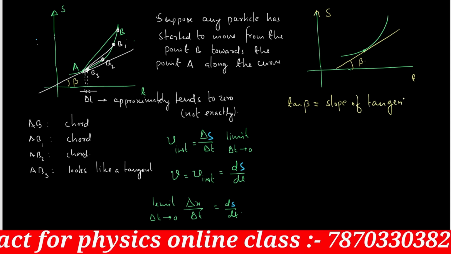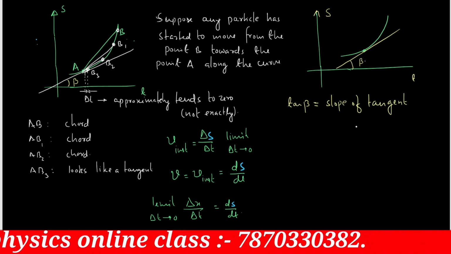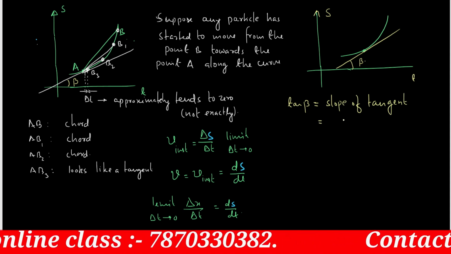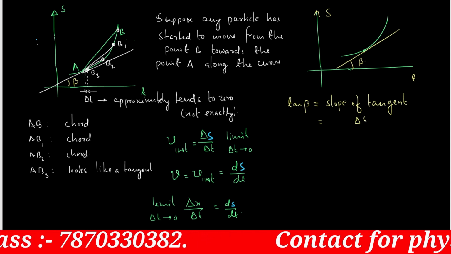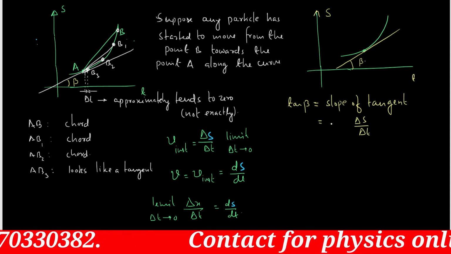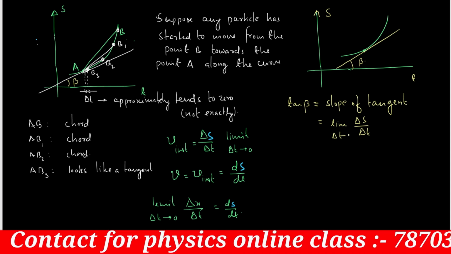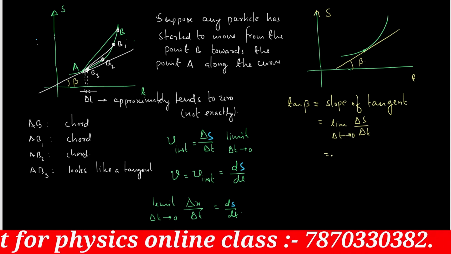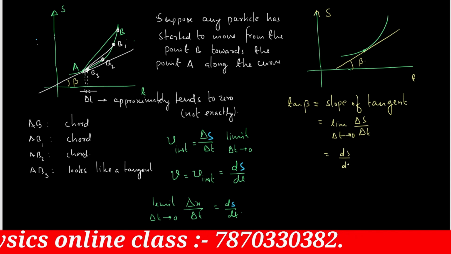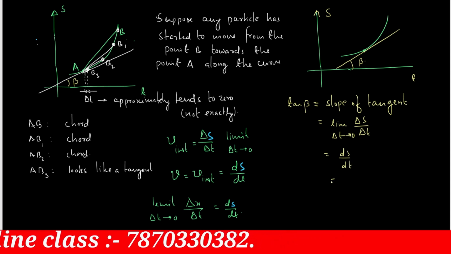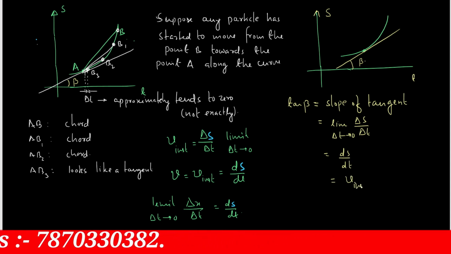This is the slope of the tangent, and it will be equal to the same thing, del S upon del T, limit delta t tends to 0. We can also write it as ds by dt, and we can also write this as V instantaneous.